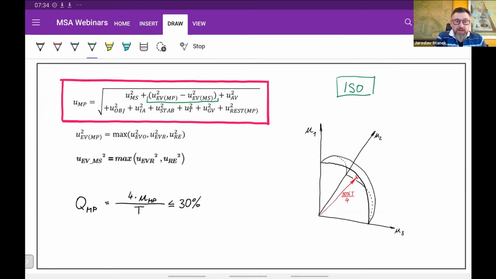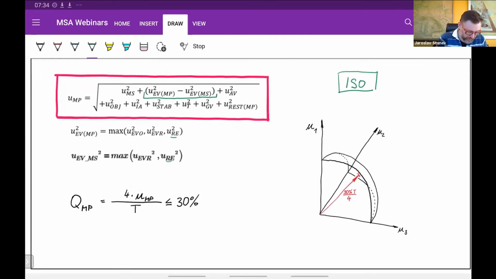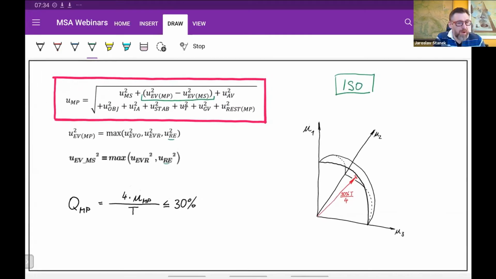And moreover, in devices that have very low uncertainty from repeatability, this may also be a result of the resolution. So this is trying to combine those.